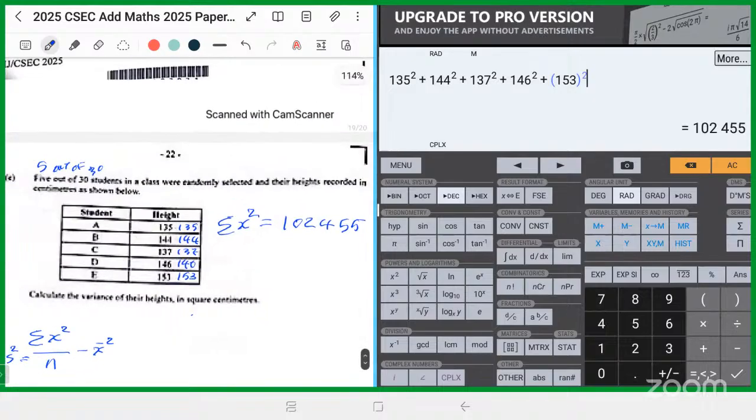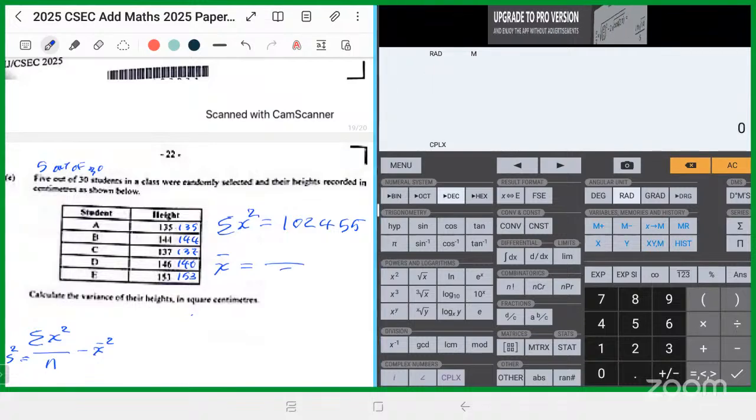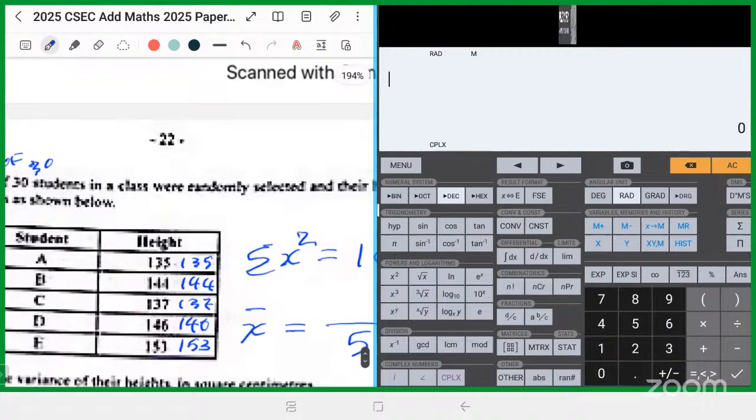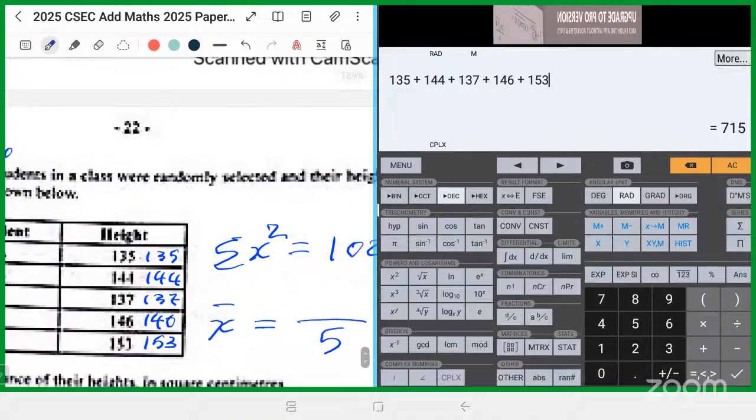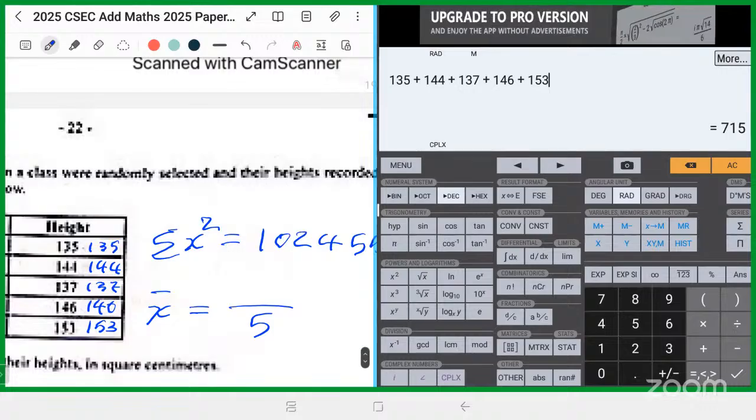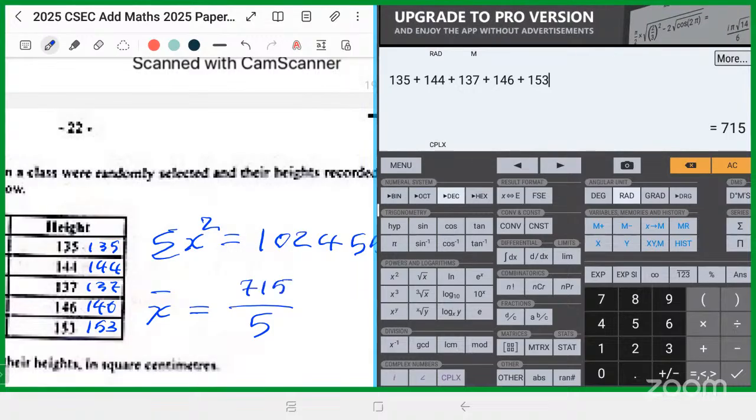And the mean is the sum of the values divided by the number of values. So the mean, x bar, is the sum of the values over 5. There are 5 values. So sum them now. It's 135 plus 144 plus 137 plus 146 plus 153. That's 715.